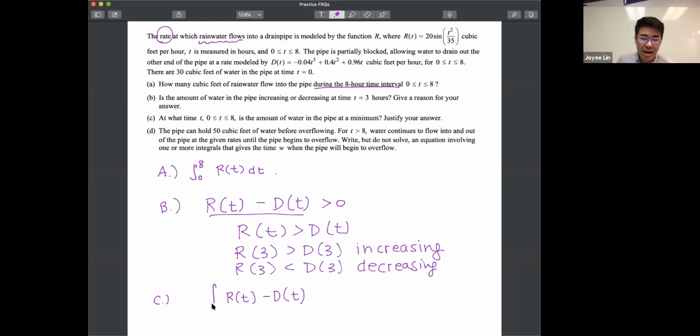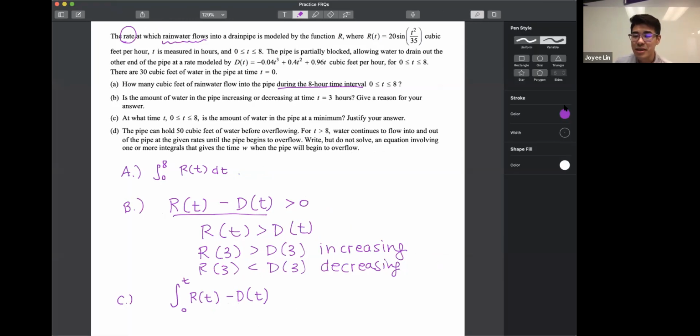So this would be the amount accumulated from 0 to T. And since we're not supposed to use the same letters, I'm going to change the letters on the inside of the function to, I don't know, X maybe. So this expression represents the amount of water accumulated.